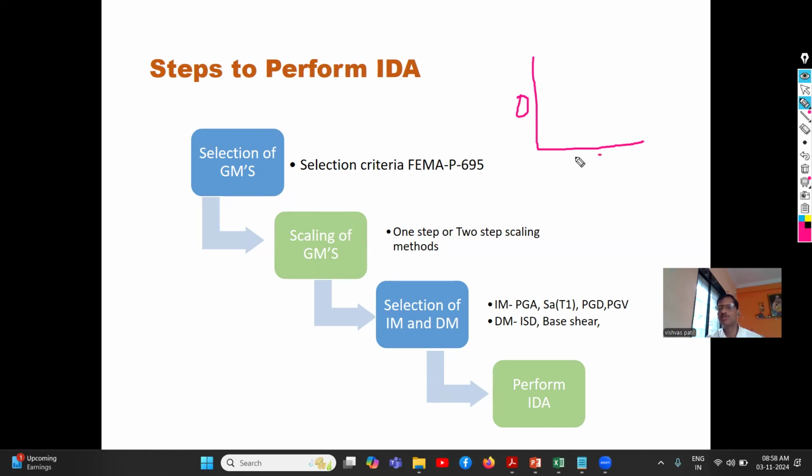Similarly, building response is taken on the x-axis and is measured in terms of different parameters, called damage measures. Again, there is a selection for the damage measures. So that is step number 3. And then finally, perform IDA using some relevant software like SAP2000.